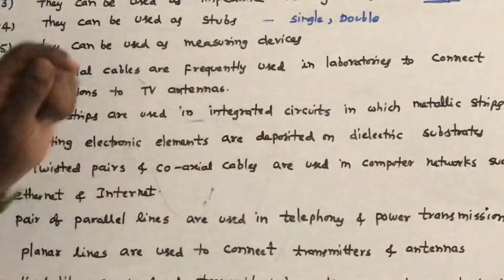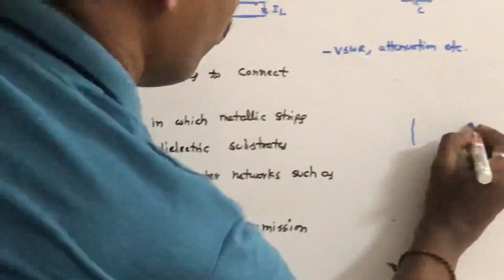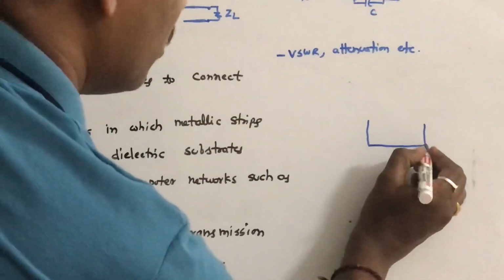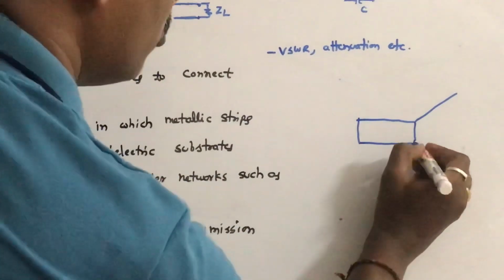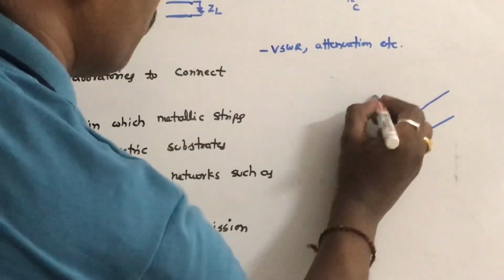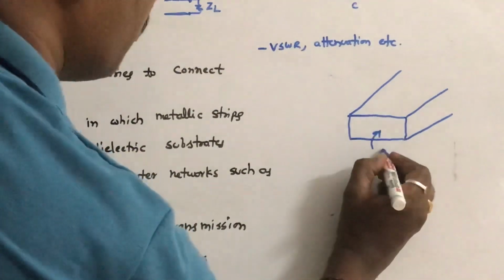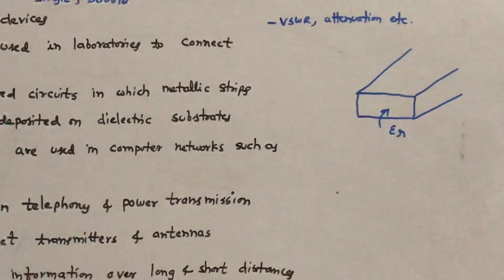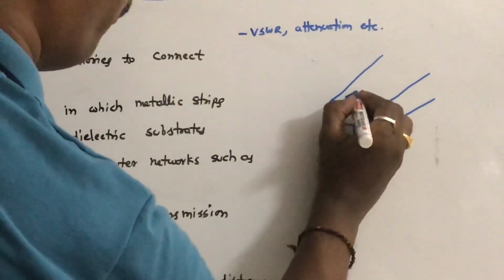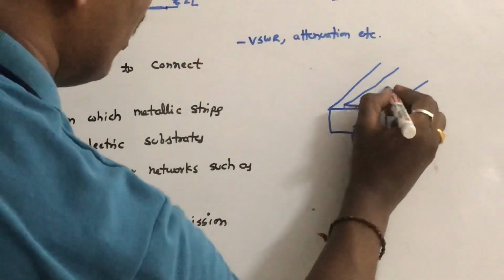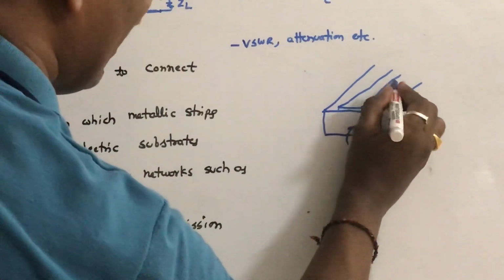the dielectric substrates. As I have mentioned earlier, suppose this is a microstrip line. Microstrip line is one type of transmission line, which is used in microwave integrated circuits. This is the dielectric substrate of permittivity epsilon r, where a small strip runs over this dielectric.